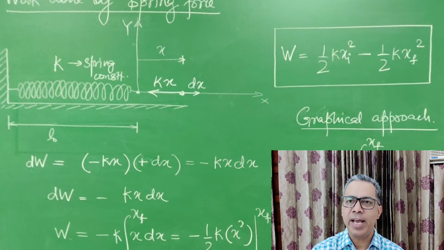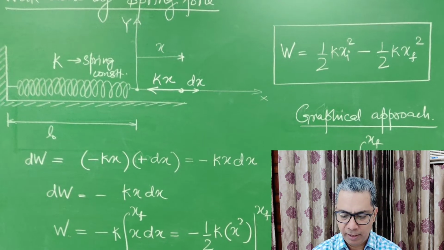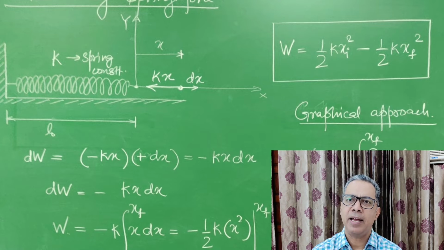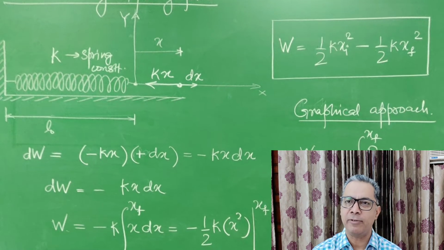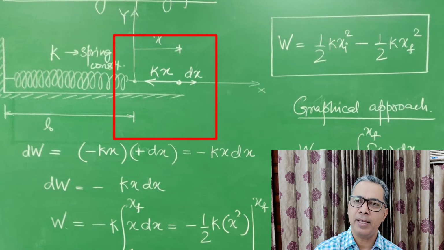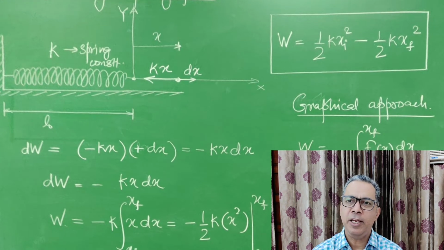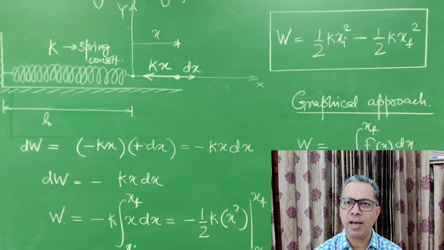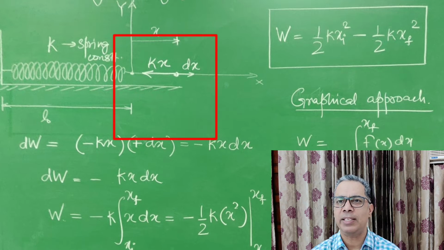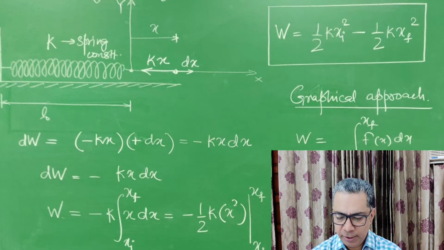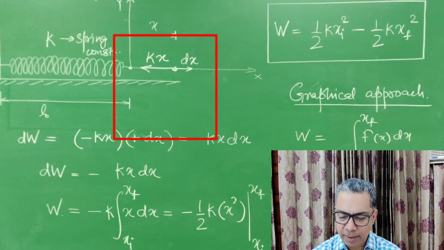Now we extend this spring along the x-axis, and we'll be calculating work done by the force that the spring applies from the initial position where x equals xi to the final position where x equals xf. So let's calculate dW.